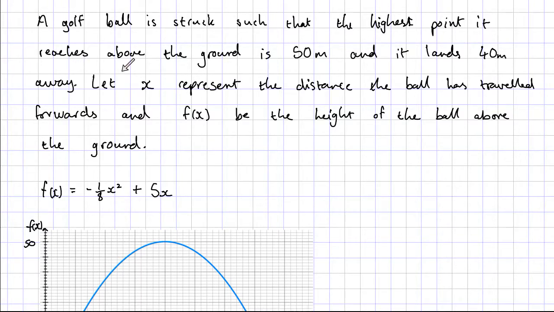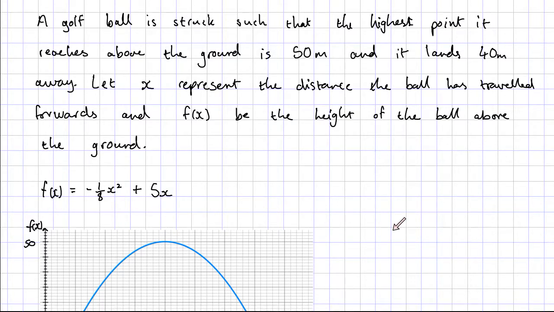Now we're going to let x represent the distance the ball has traveled forwards and f(x) be the height of the ball above the ground. And this equation here represents the function that's described there. So f(x) is going to output the height of the ball above the ground when you put in for x how far the ball has traveled forwards.